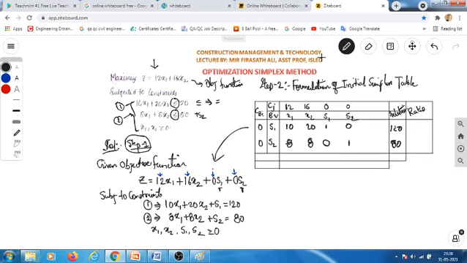Now, the next step is to calculate Zj. Zj is nothing but, let me write it over here.